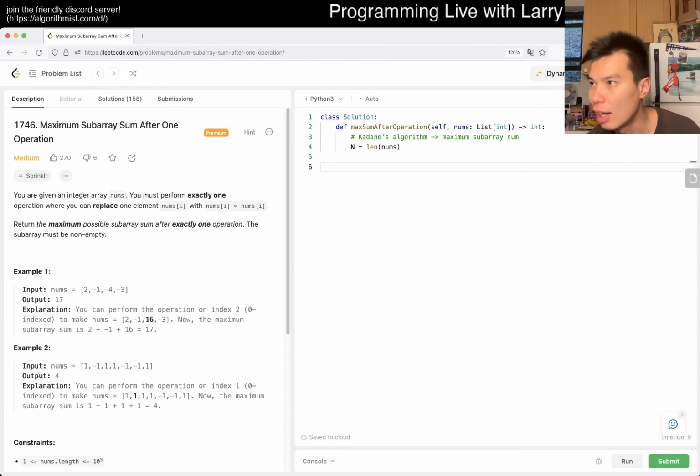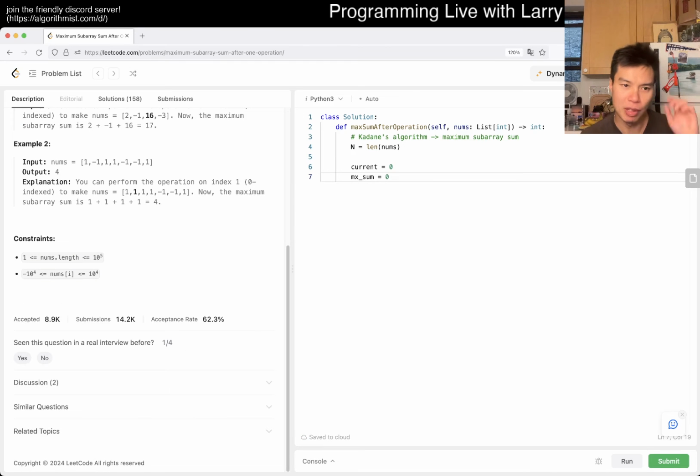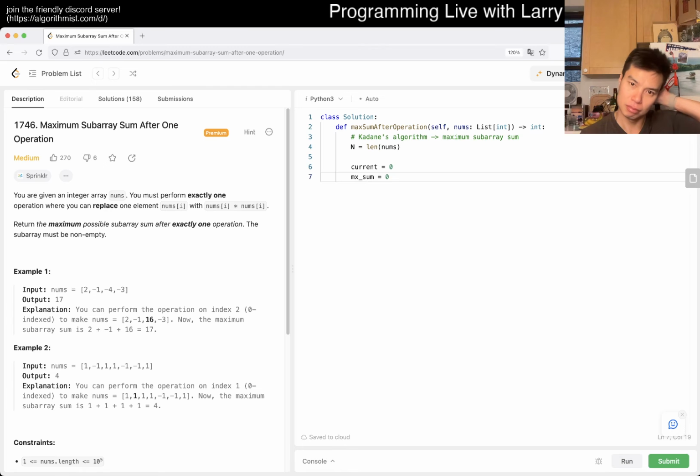So basically, the idea here is that we have a current sum and a max answer, so maybe just max sum. Can we take 0 elements? I guess it doesn't matter. We'll just do negative infinity.